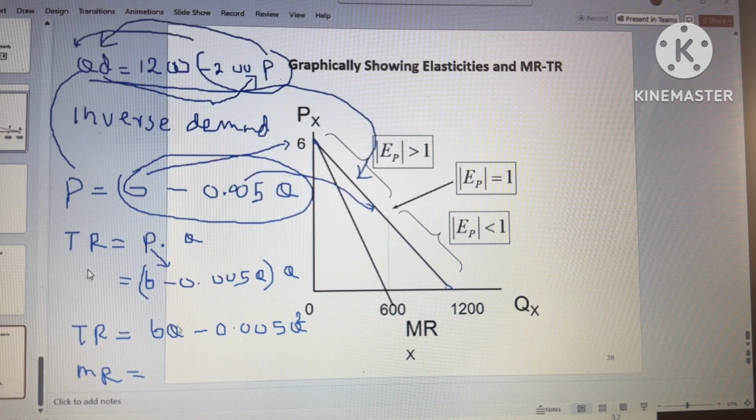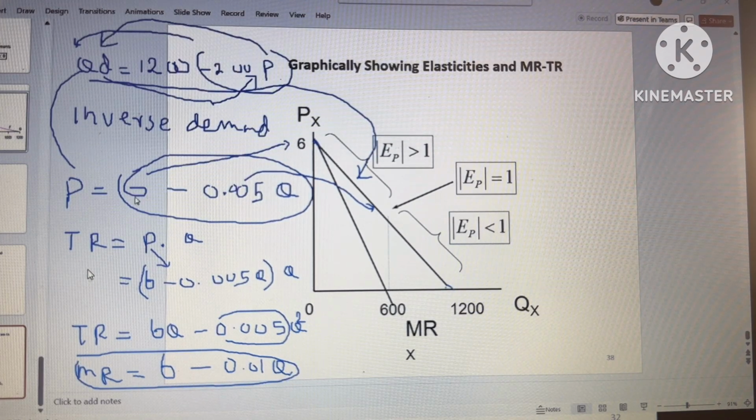So if you have 1Q, when taking the derivative, Q goes out and only 6 remains. For Q to the power 2, the slope coefficient, you have to multiply it by 2, because of the power value, so it becomes 0.01, and then you write 1Q here. Okay, this is the MR equation.